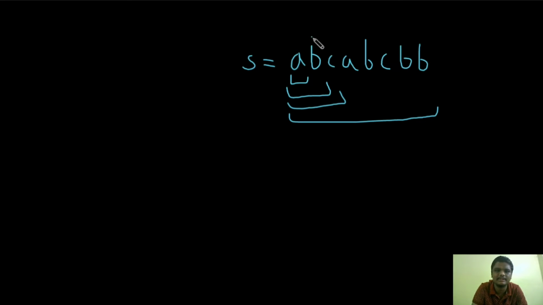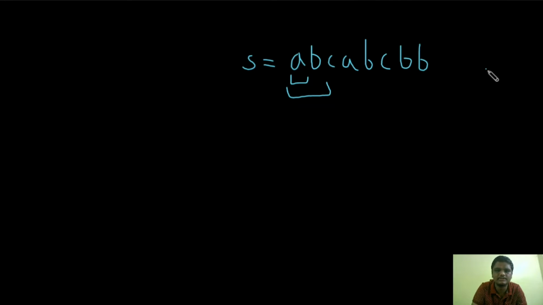If it contains unique characters, then we are gonna check whether its length is greater than the previous length which is stored in our answer, and then we are gonna check for B, and then we are gonna check for BC and BCA. Like this way, we'll go ahead, right?